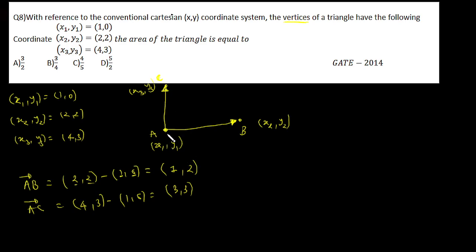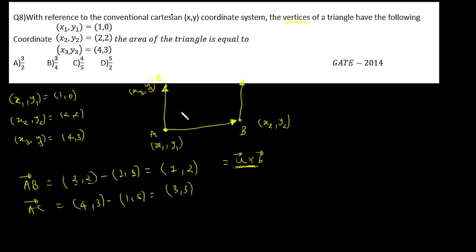Now we know that the cross product of any two vectors, let's say vector A cross vector B, simply gives the area of the parallelogram formed by these two vectors. So if I translate this vector parallel to itself up to point B and redraw it here, I get it like that.